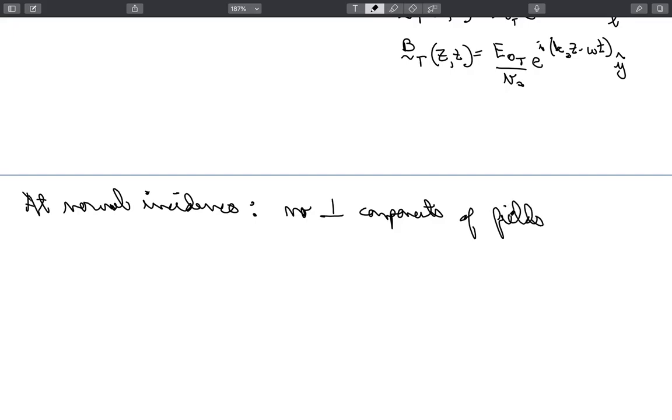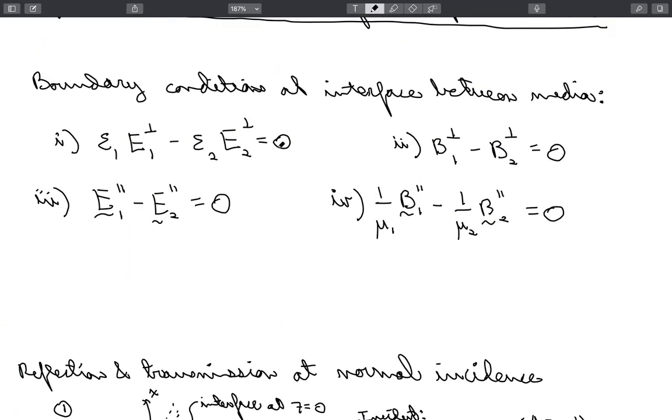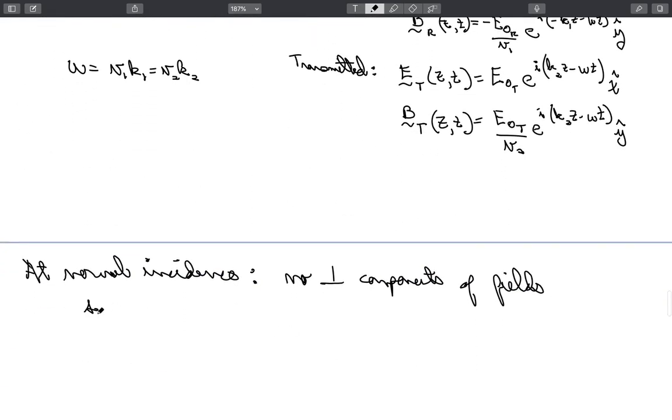That's quite simple, because if I go back to our first two equations here, these two equations are trivially satisfied because all these components are 0. So it's just left to fulfill equations 3 and 4. Boundary conditions I and II are fulfilled.